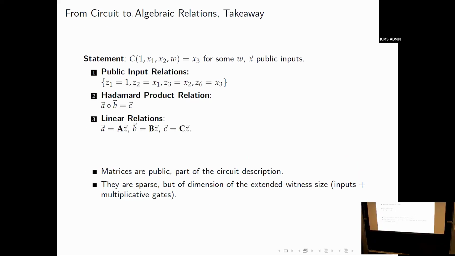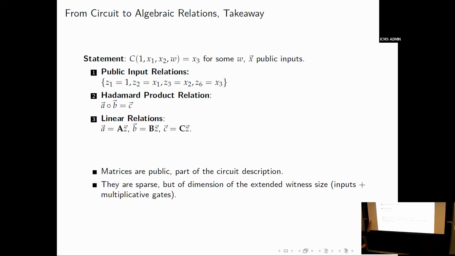So the takeaway, if I summarize what a rank 1 CS relation tells me, is that I have to prove three different things to prove a SNARK. First, I have to prove that the public inputs are correct, that they are what they should be. Then you have to prove a Hadamard relation, so you have to prove that a certain vector times another certain vector is equal to a third vector.